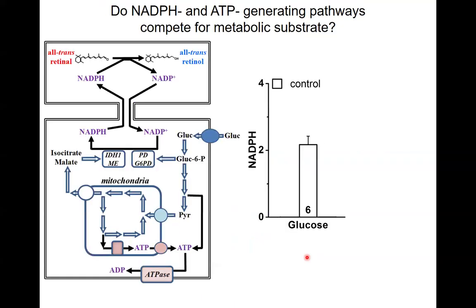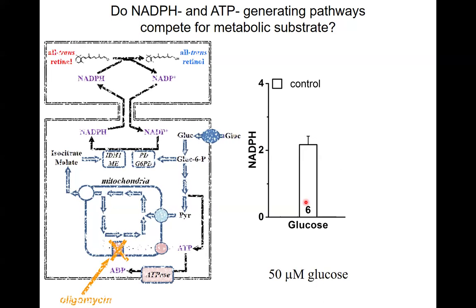And then we're looking at these ratios, which are actually down. I have put in NADPH. This is the 340-380 ratio. So this is the control with 50 micromolar glucose. What we do is that first we inhibit the ATP synthase with oligomycin, 5 micromolar.